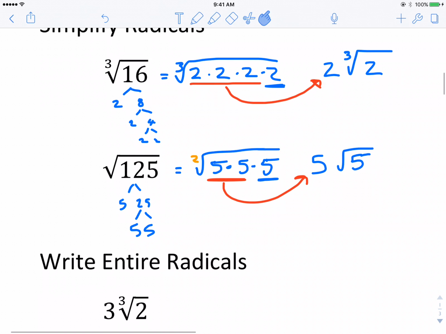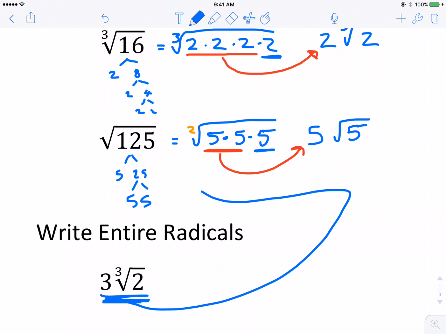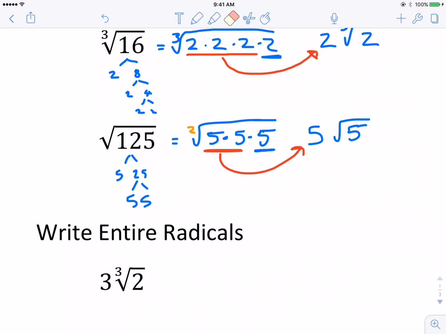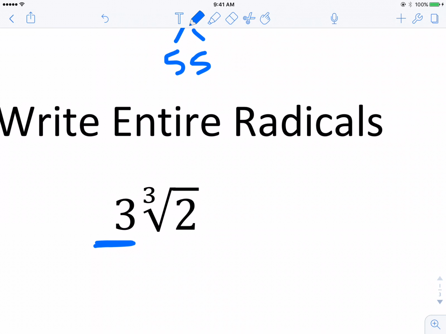Now we need to take that process and work backwards. We have our mixed radical here, and we want to get something that looks like this as a whole radical. So what we have to think in our head is, where did this 3 come from? The 3 outside the radical had to come from some kind of group inside the radical, a group of 3 individual 3's.